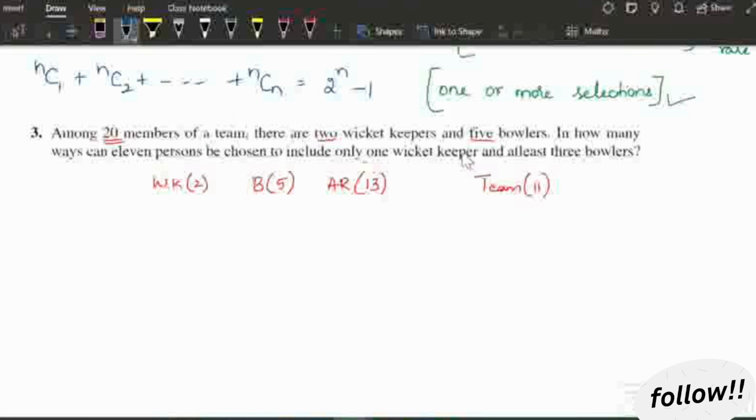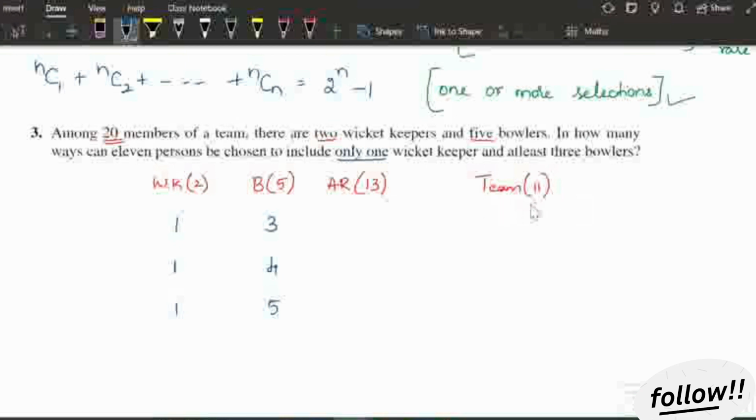I need exactly 1 wicket keeper, which is 1 here I'll write, and I need at least 3 bowlers. So, bowlers can be 3 or more. So I have 3 bowlers I can choose, or I can choose 4 bowlers, or I can choose all the 5 of them. Accordingly, in each of these cases, wicket keeper must be only 1. Okay, only 1 wicket keeper.